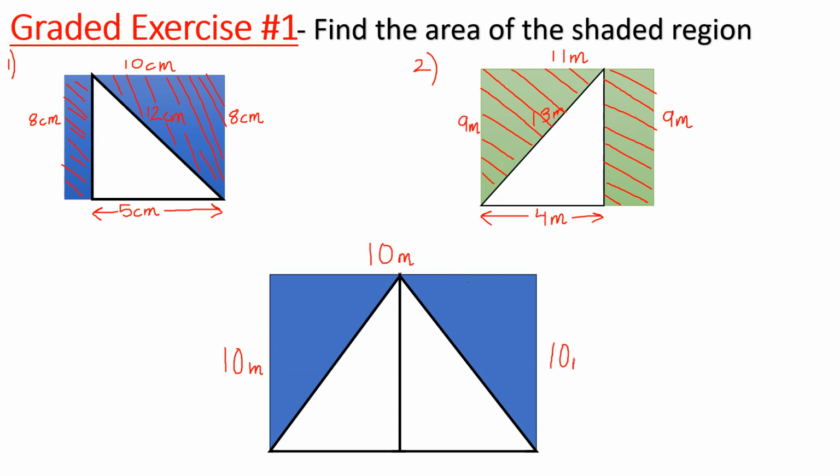And let's say that the bottom is also 10 meters. So the bottom bar right there is also 10 meters. So if all the sides are equal, what shape is this? An isosceles. It's a square. Yeah, none deep.